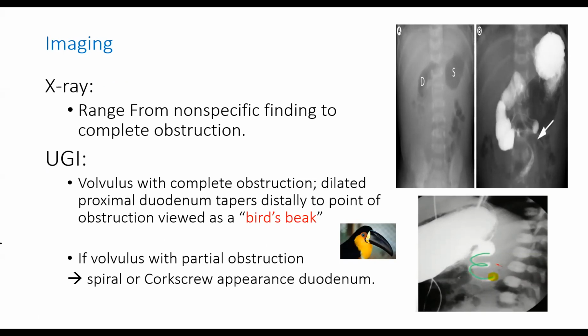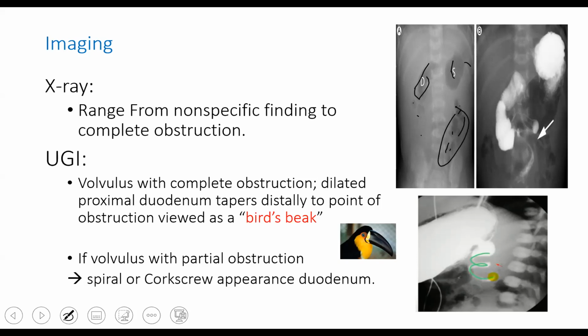When you do the X-ray, it could be a non-specific pattern. Here the stomach, here the duodenum. The baby was completely fine, has malrotation but was never obstructed. So you can see the distal bowel, but then all of a sudden it is obstructed. So on X-ray, you might see distal air.